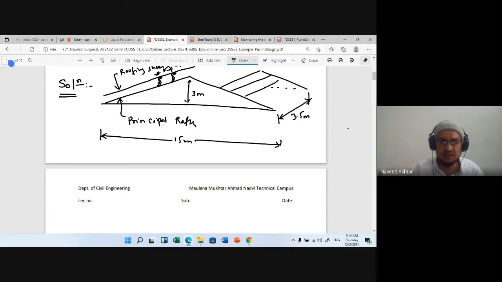These are the purlins. You have to design the angle purlins.